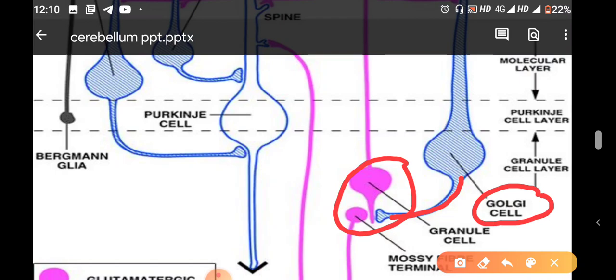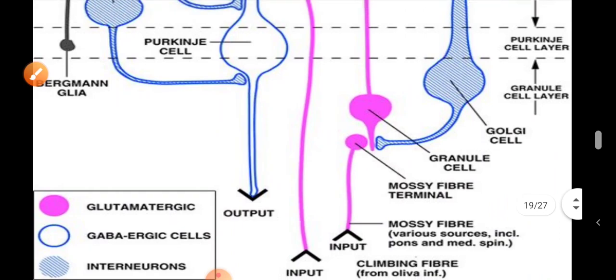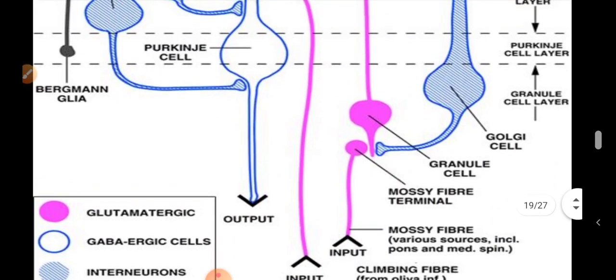So here the mossy fiber is excitatory to the granule cells, but the Golgi cell is inhibitory to these granule cells.